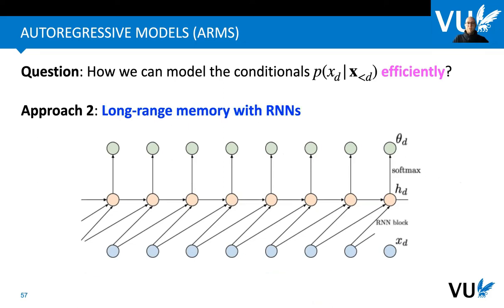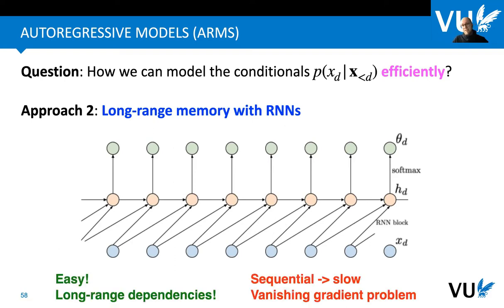All right, so the second approach: we can use recurrent neural nets for long-range dependencies, long-range memory. We can share previous context, or state, and have this recurrency. And this is very nice because at least in theory, this is easy. This is about long-range dependencies, but it is very sequential.